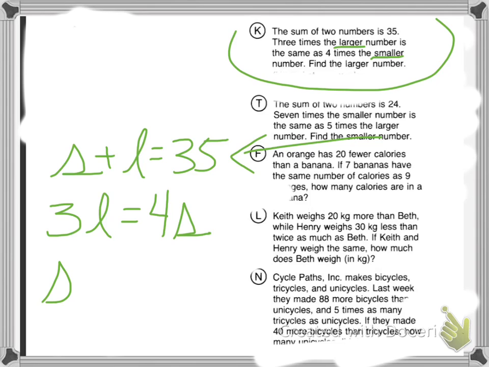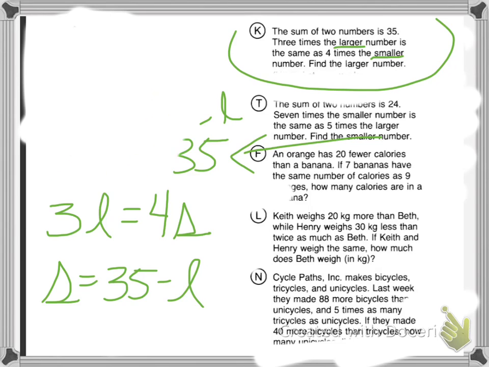Well, that would be S is equal to 35 minus L, because I'm just going to minus that L to both sides. Now, I just reworded what S plus L is equal to. S is equal to 35 minus L. And I could have done it the other way around, but this is the way I went.